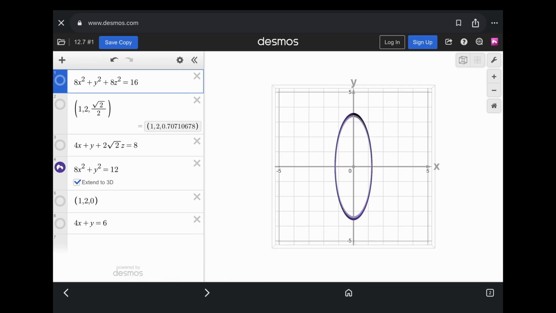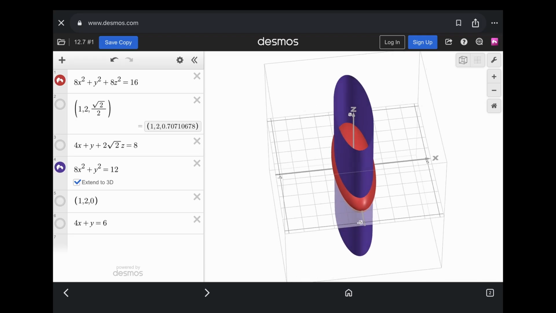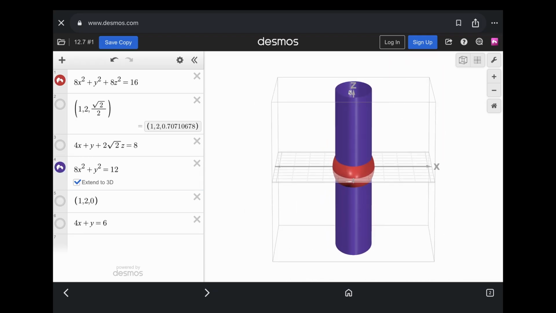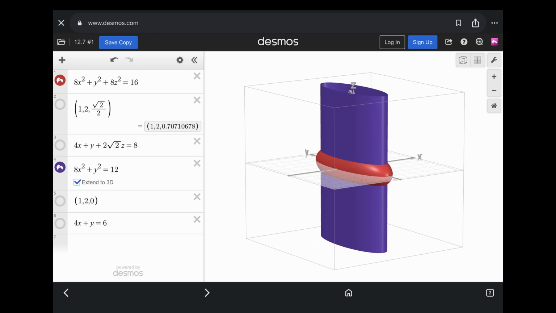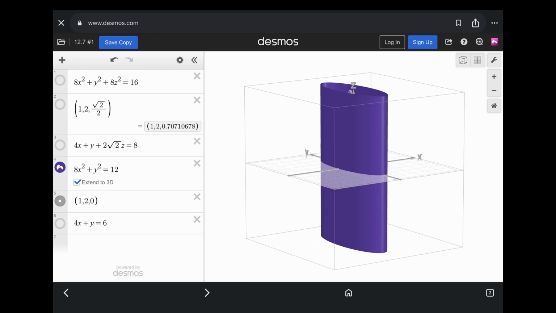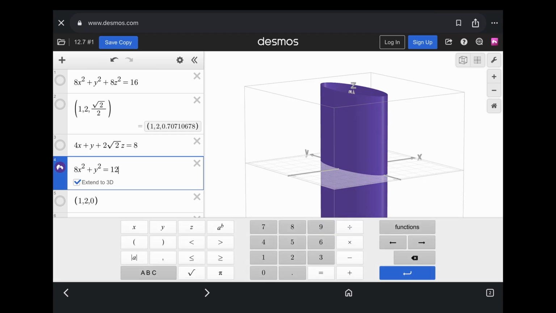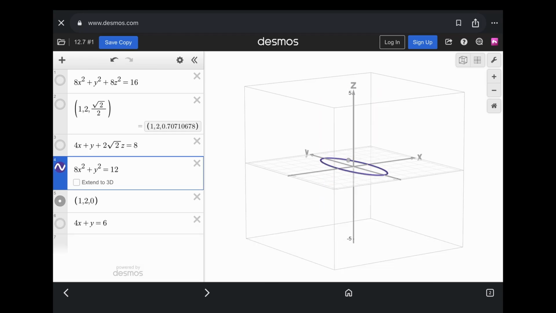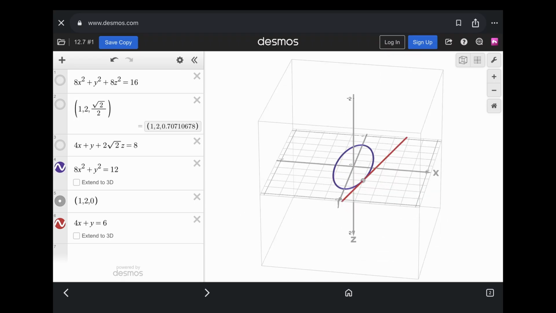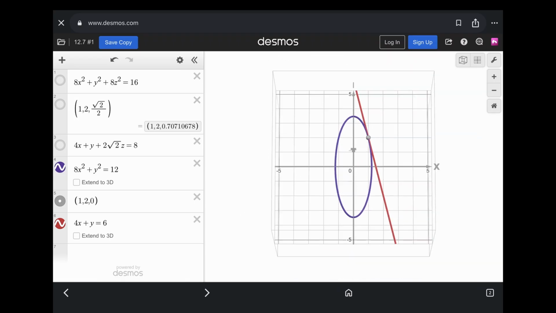And you can kind of see, actually, if I replace this, this maps on perfectly at z equals root 2 over 2, which is very nice for us. However, actually looking at this is important for us. Don't extend this to 3D. Get our point. This is actually tangent here at this value, right?